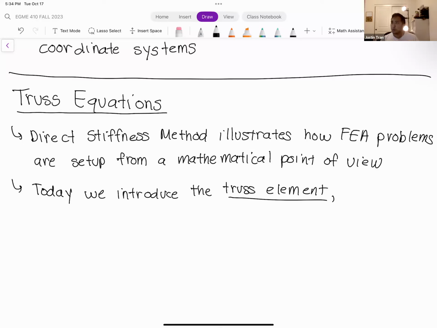It's what we associate with beams from before, but we assume that this member can only be either stretched or compressed in its axial direction.